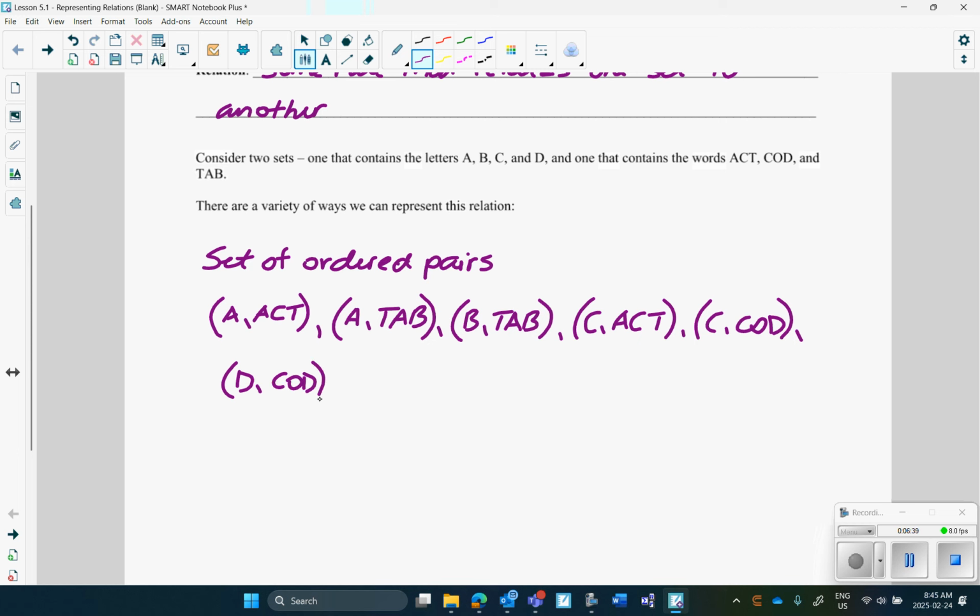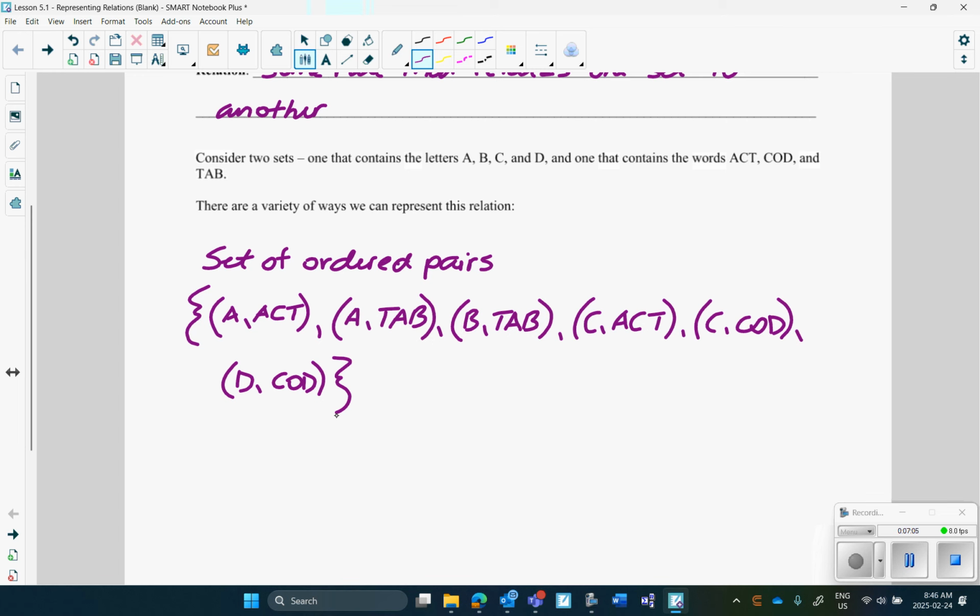And then what we do with all of these pairs to show that we're keeping them together, we put braces. So if the rule of this relationship between these two sets of information is we're relating the letters in the first set to the words that they appear in the second set, this would be the set of ordered pairs that would describe that relation.